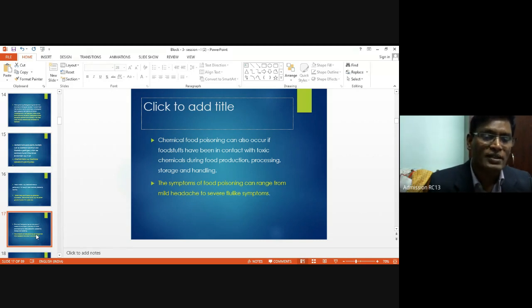So these chemicals used in storage, processing or handling can also contaminate the food and cause a health problem after consumption.